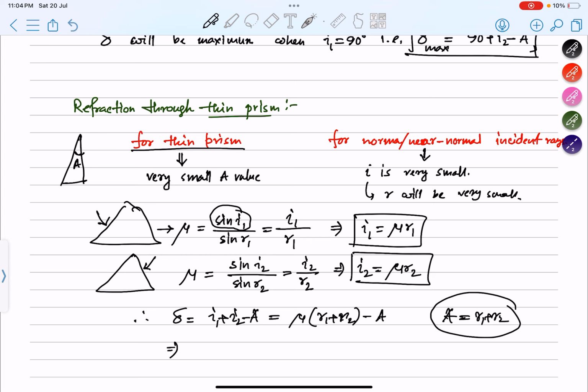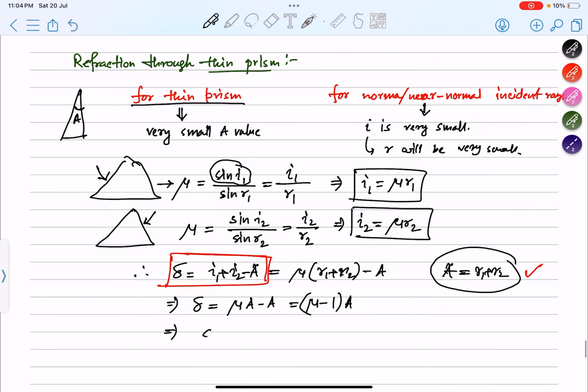We established this fact while proving this equation. So delta is equal to mu into A minus A. If you take A common, it is mu minus 1 into A. So that is the value of delta, the deviation, mu minus 1 into A. This is the equation you have to remember.